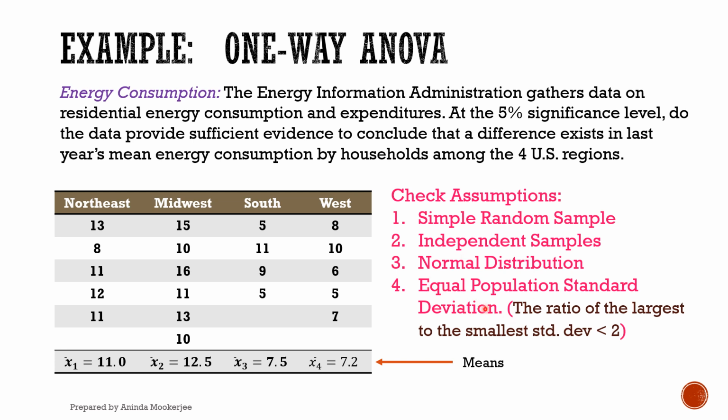Let's just assume that they are equal in this case. And it says here the ratio of the largest to the smallest standard deviation should be less than 2. So we just have to check on that to decide whether the population standard deviations are almost equal or not. That's going to be the yardstick: the ratio between 2 standard deviations should be less than 2.